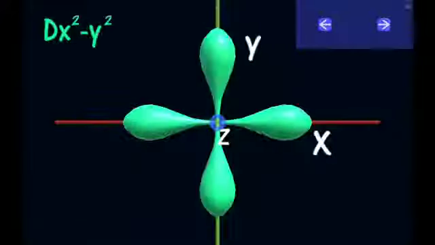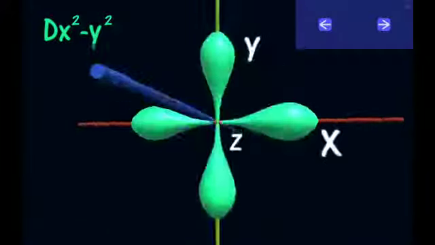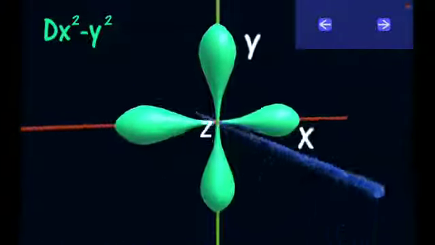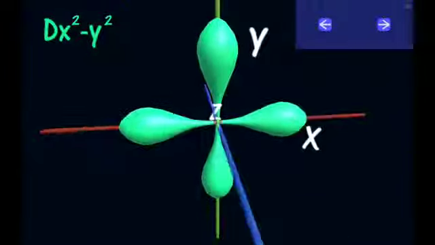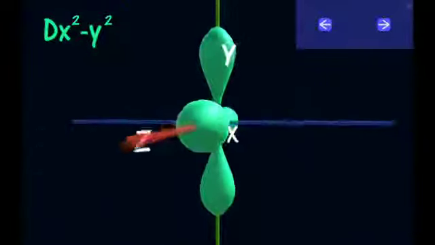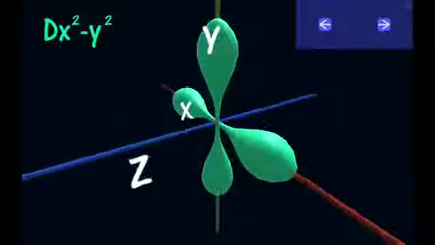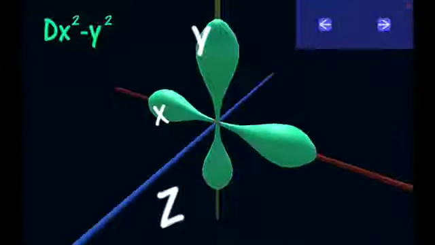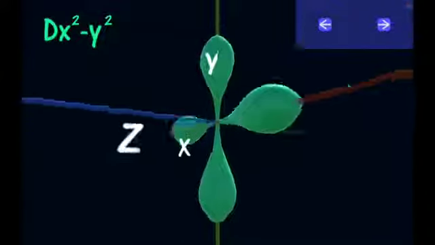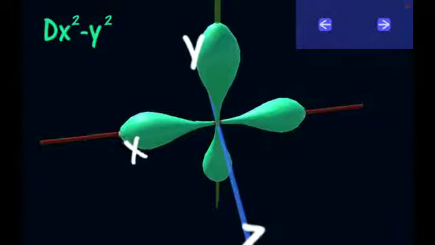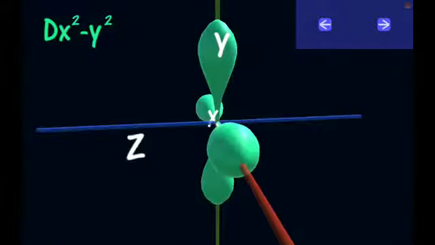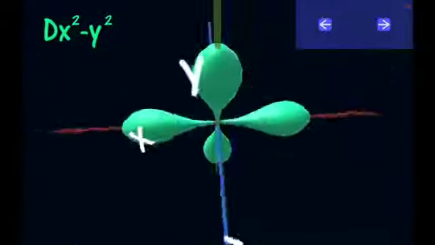Now this is dx square minus y square. The lobes are on the x-axis and the y-axis. Along the z-axis there is no probability of finding the electron. This is not in the xy plane, but is oriented along the x-axis and the y-axis, as you can see.